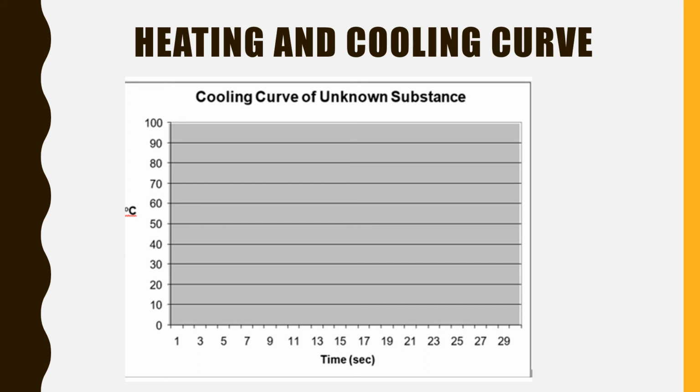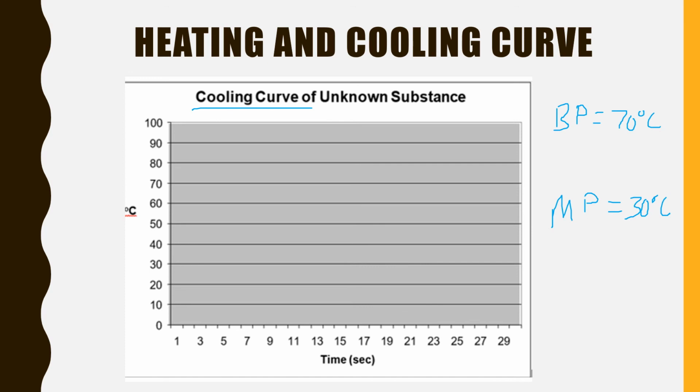So how could I draw one myself? Well, this is saying it's a cooling curve. And let's just say that the boiling point is 70 degrees Celsius and the melting point is 30 degrees Celsius. A cooling curve is the exact opposite. It starts with cooling a gas.